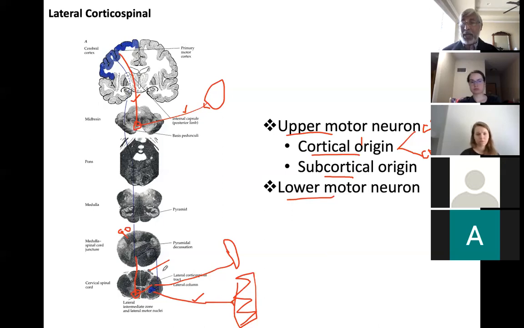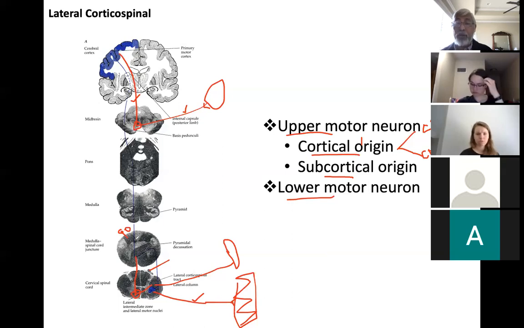If they occupy the anterior white column of the spinal cord, we call it anterior corticospinal. Now, except for the location in the spinal cord, what is the other very important difference between those two? Most of the fibers, 90% of the corticospinal fibers, are lateral corticospinal.